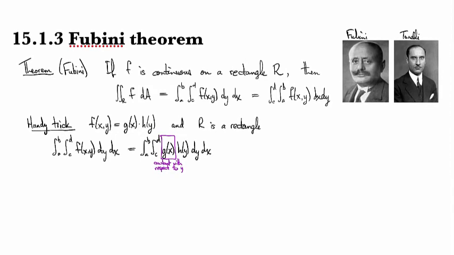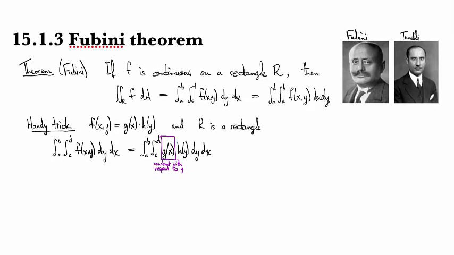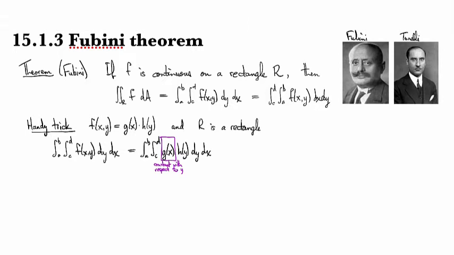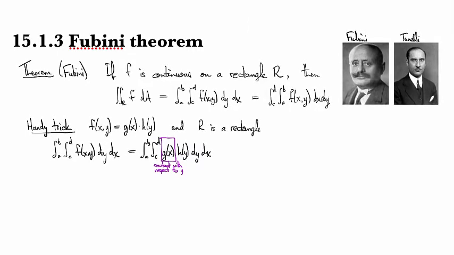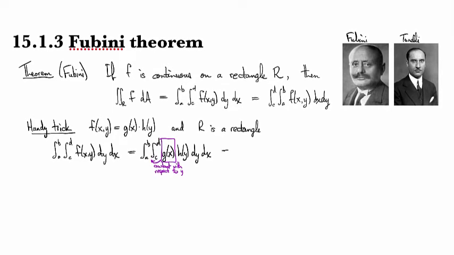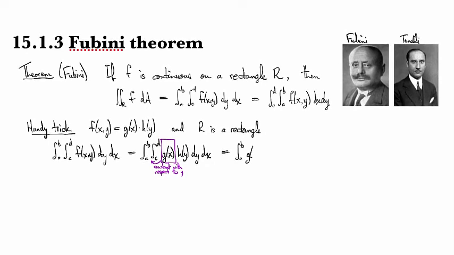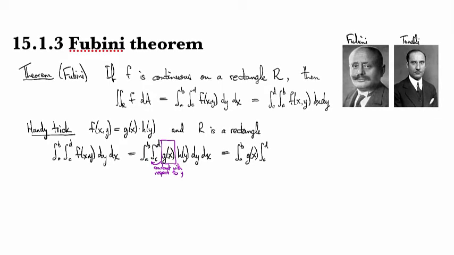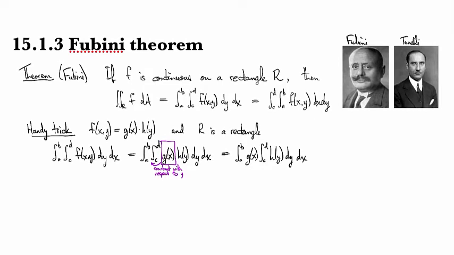It doesn't vary as y varies if there are no y's in it to vary. So that means we can use our rule about integrals that if you've got a constant, you can pull it out in front of the integral sign. So let's do that. Then this becomes the integral from a to b of g of x times the integral from c to d of h of y dy dx.